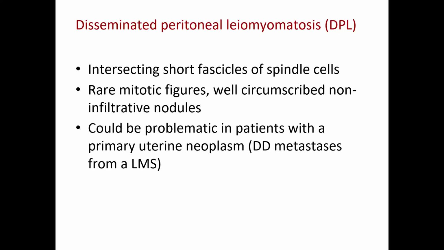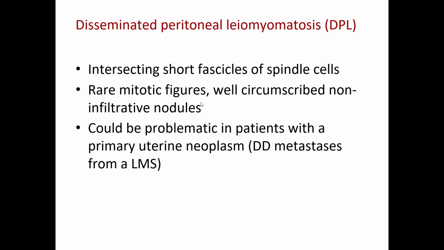The other entity I want to talk about is the disseminated peritoneal leiomyomatosis. Characteristically, on the microscope, I noticed that the interlacing fascicles are short. I will show you some examples of that.